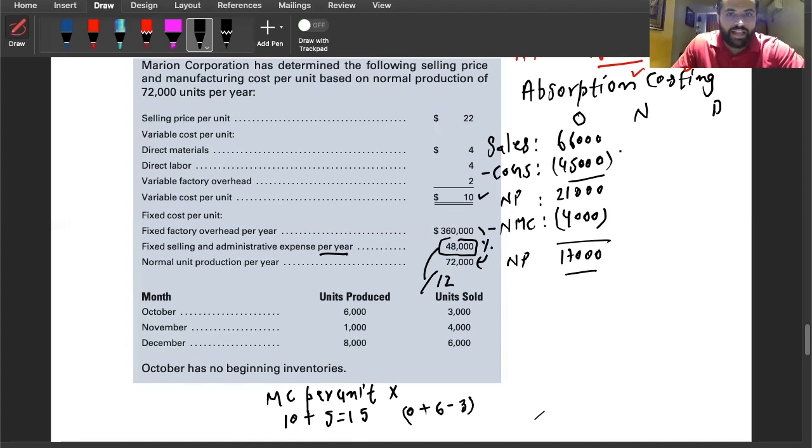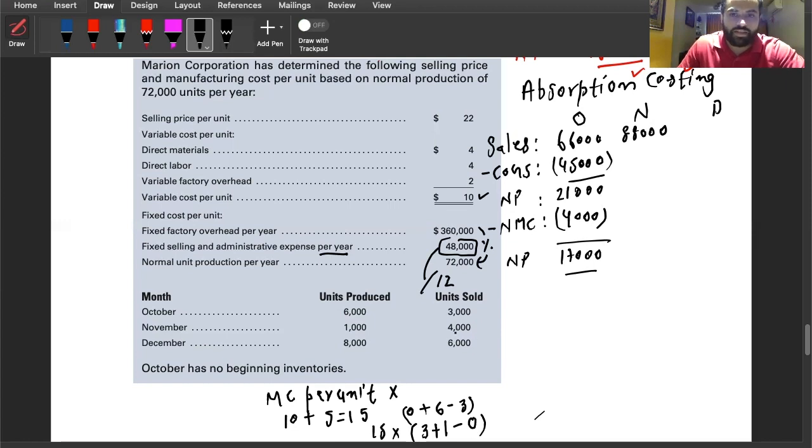Now let's move on to November. How much is the sales for November? 88,000. Cost of goods sold is 15 multiplied by opening 3 plus production 1,000 minus closing. Closing is 0, right?